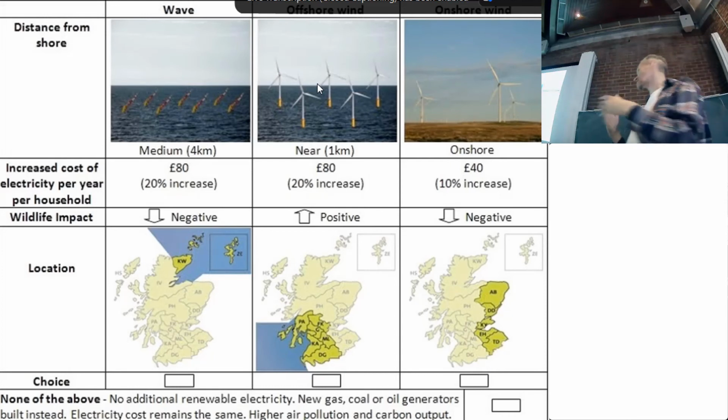Onshore wind would be, this is a study from Scotland as you may have guessed, would be on land. Offshore would be at sea, right? So it looks different, it affects different people and different wildlife. And then also, and you may not have noticed this, and this is a big problem in this particular example, there's impacts on wildlife. It's maybe negative or positive or neutral. And then at the very bottom you have, no, I would not like any of this, right? And then you ask people, which of these 4 alternatives do you like best?